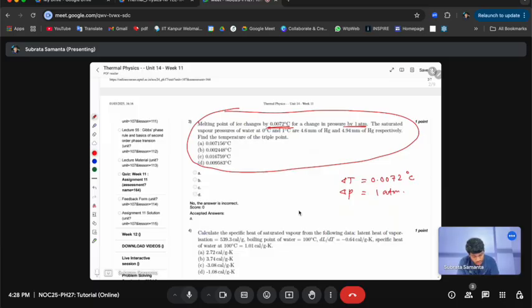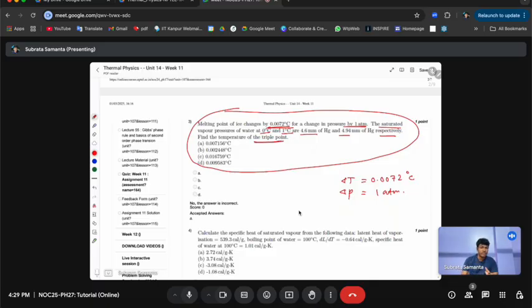The saturated vapor pressure of water at 0 degrees centigrade and 1 degree centigrade is 4.6 millimeters of Hg and 4.94 millimeters of Hg respectively. Find the temperature of the triple point.